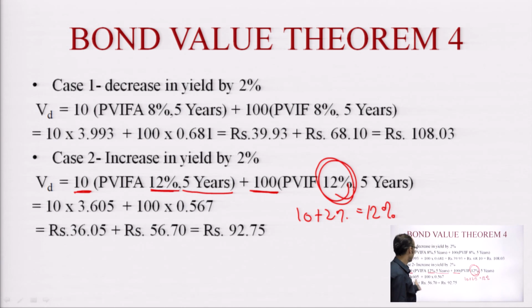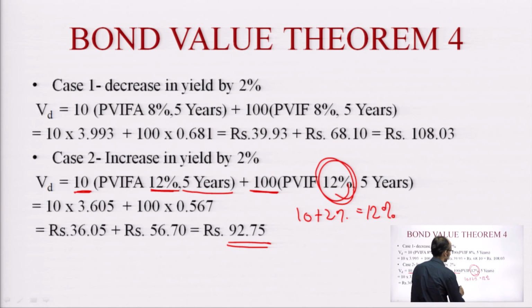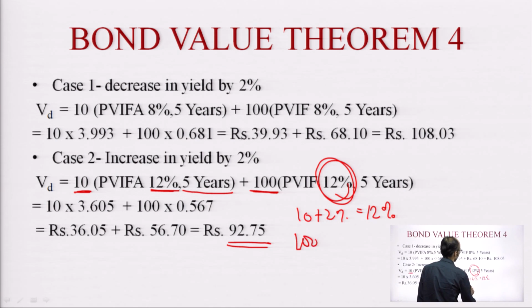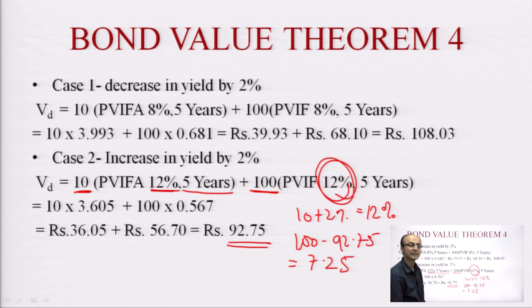Now if we resolve this equation, the value comes out to be 92.75. Now how much has the bond value declined? The face value is 100 and the value is 92.75, so the bond value has declined by 7.25.